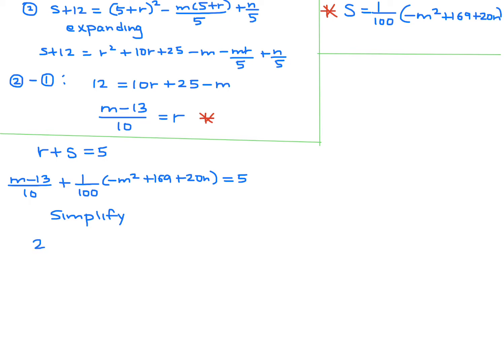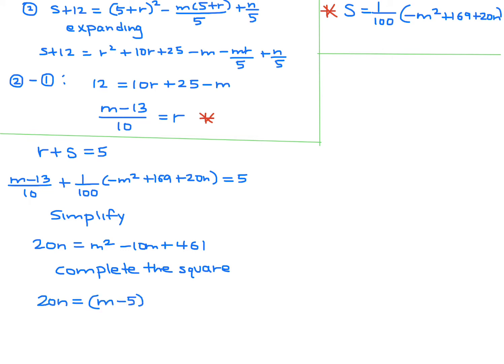And when you simplify, you get 20N is equal to M squared minus 10M plus 461. If you complete the square, you will be able to factor this very nicely. And you get 20N is equal to (M minus 5) squared plus 436.